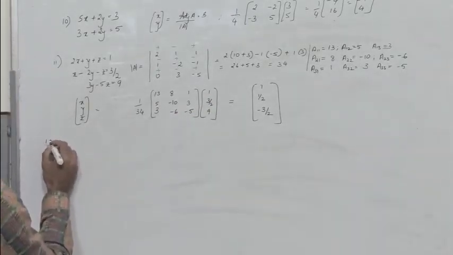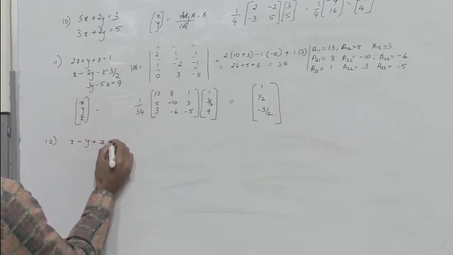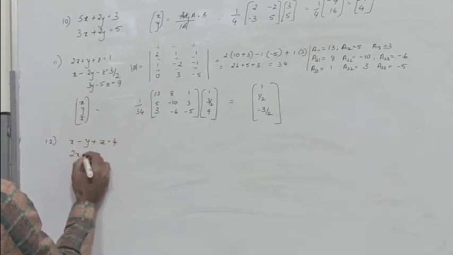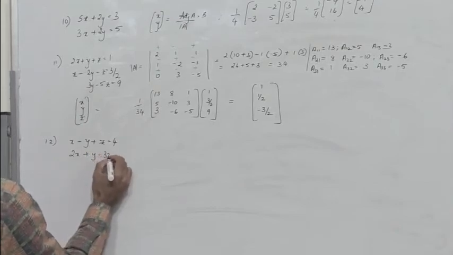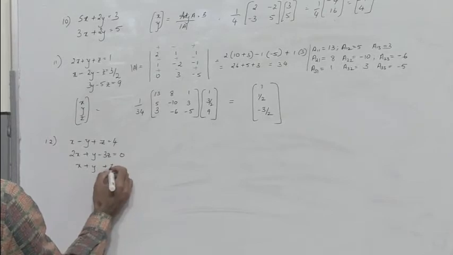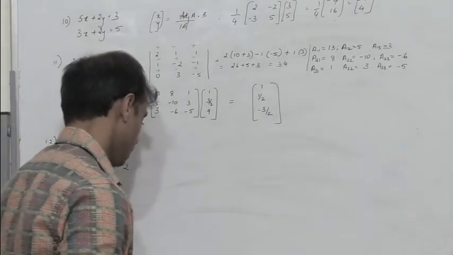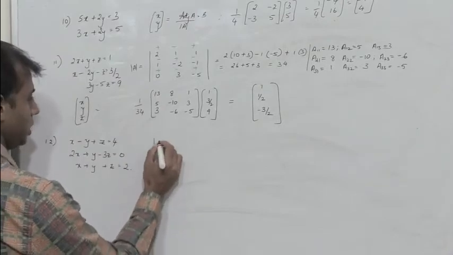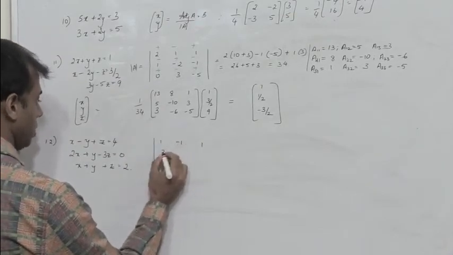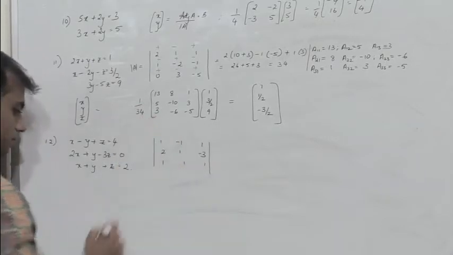So next, 12. x minus y plus z equal to 4. Next, 2x plus y minus 3z equal to 0. x plus y plus z equal to 2. So let's find determinant A. So determinant A is 1, minus 1, 1; 2, 1, minus 3; 1, 1, 1.